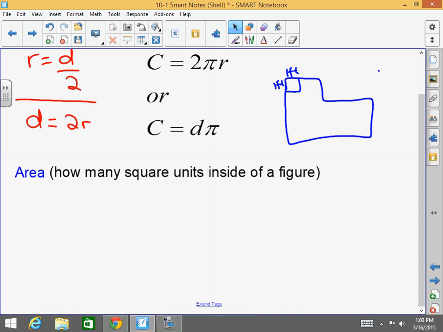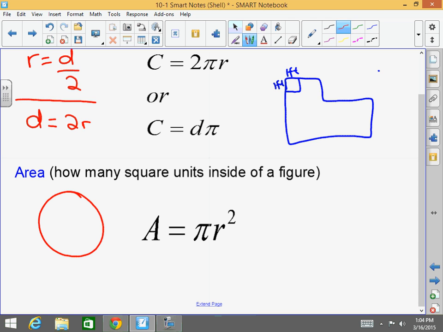So that being said, the area of a circle is pi r squared. So if I have a circle, guys, and I tell you it's 8 square feet, that means that there are 8 1 foot by 1 foot squares that can fit inside of that circle. Please understand that concept.